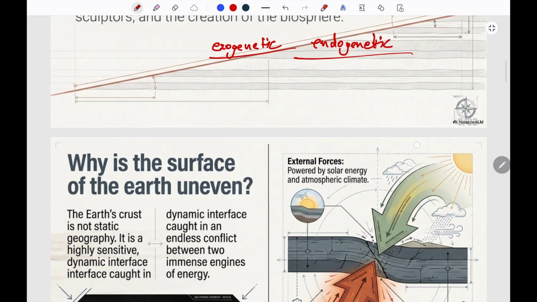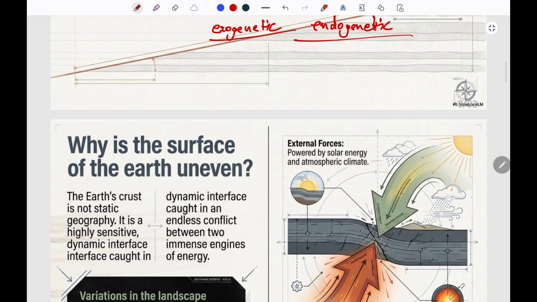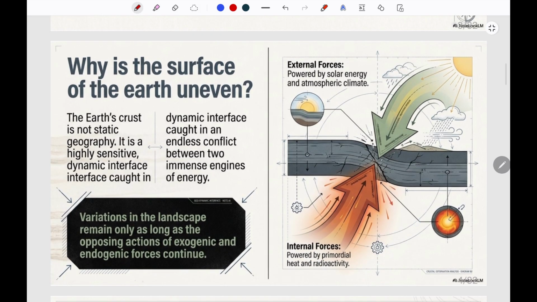And now what are these forces? As the name suggests, endogenic is originated inside the earth, and exogenic is outside the earth's surface. So these internal forces, that are endogenic forces, are powered by radioactivity and geothermal heat of the earth, and these external forces are powered by solar energy and atmospheric climate.